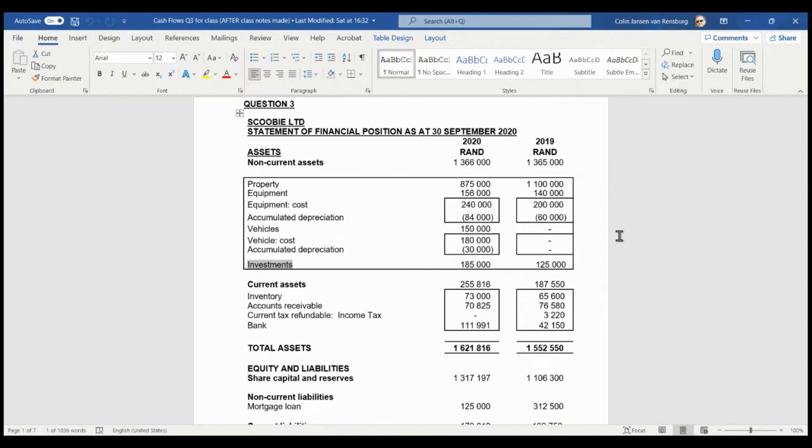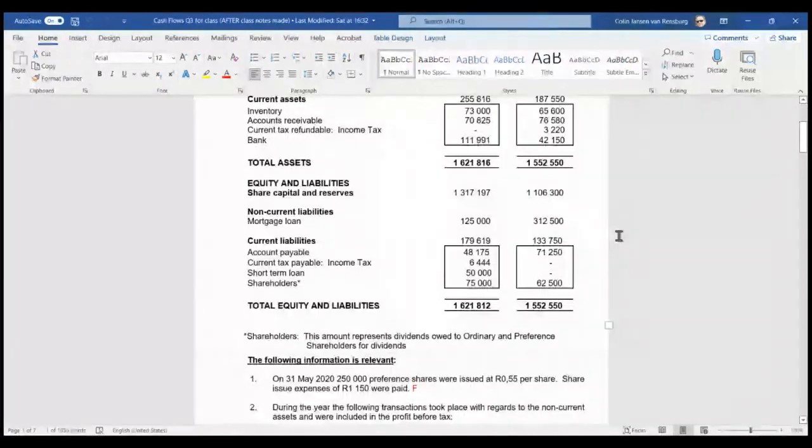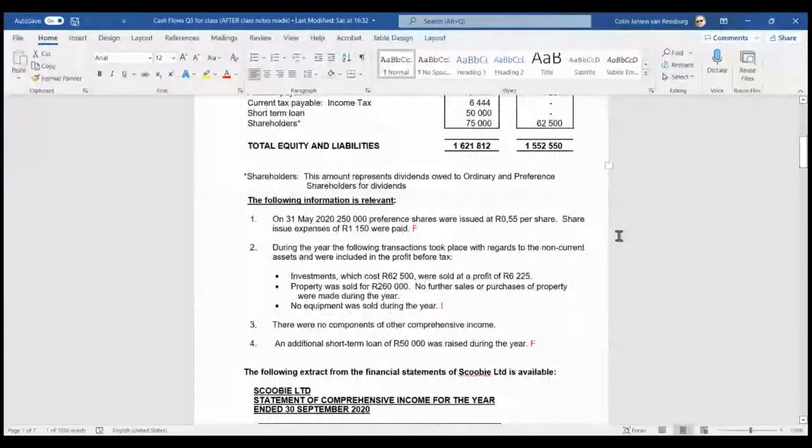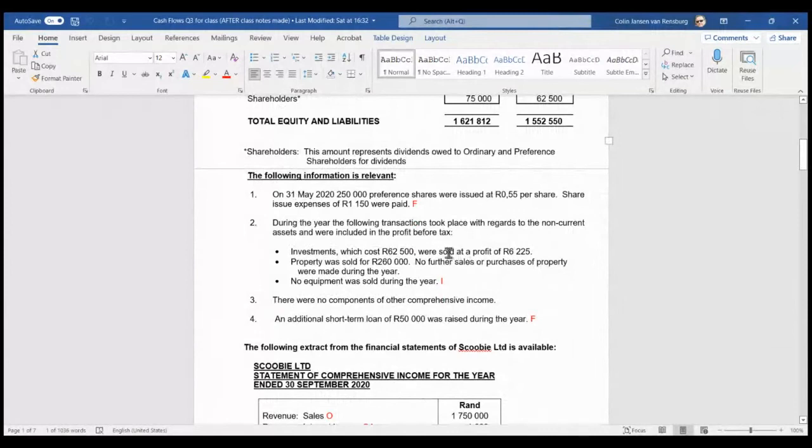Remember last time when we started with the question, we already identified items that will belong under our operations section, or so-called other operating activities, or financing activities, or investing activities. So let us go down to the additional information there, and we saw that this whole paragraph 2 deals with investing activities, right? So all of that information will have to be taken into account.